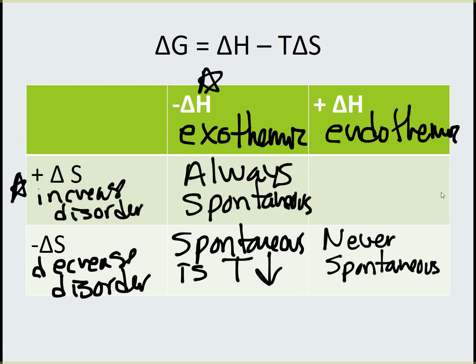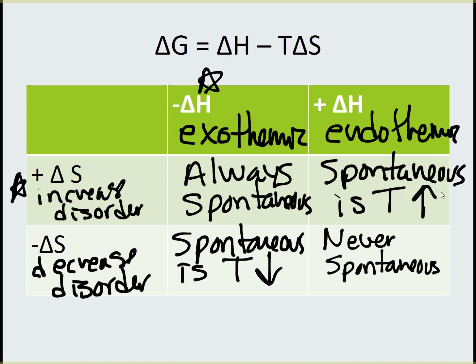If you have an endothermic reaction and an increase in disorder, this one will be spontaneous if the temperature is high. Okay. Let me give you a good example of an endothermic reaction that is increasing in disorder. When I go to boil water, water is a liquid, and I'm going to take it to be a gas.